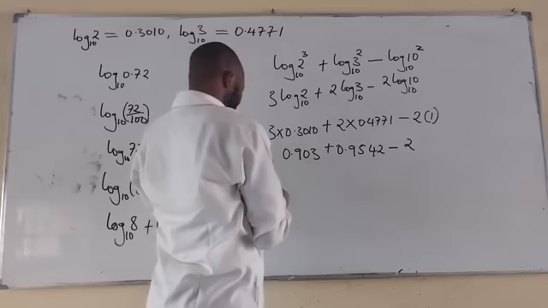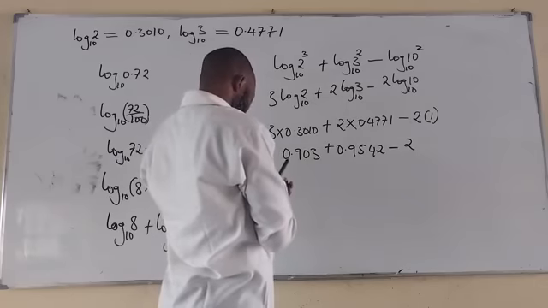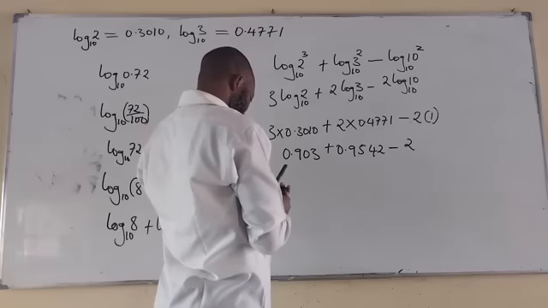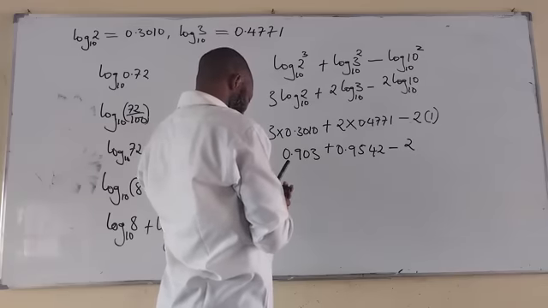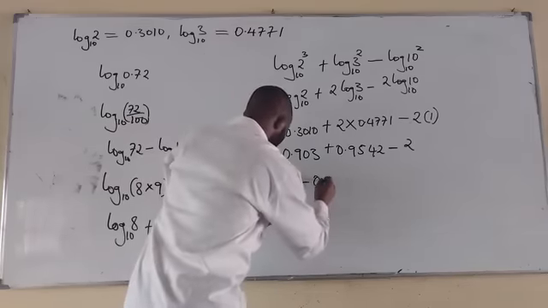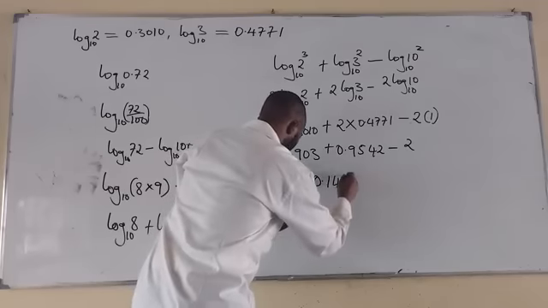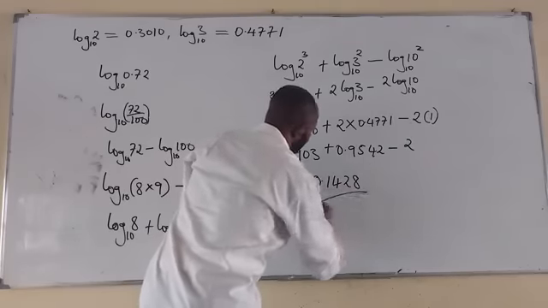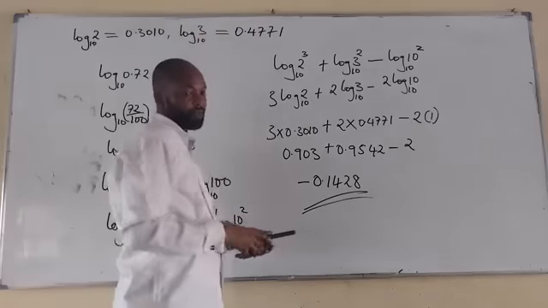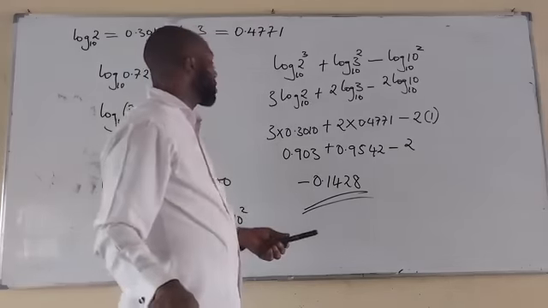So I add these two, 0.903 plus 0.9542, minus 2 gives me minus 0.1428. So this is my final answer. So that is how substitution works.